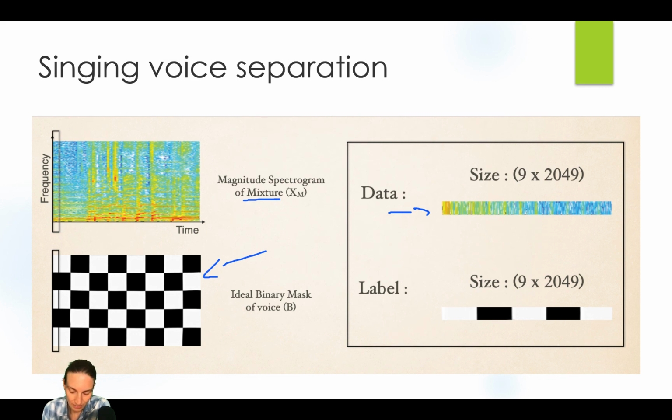So just to recap what this binary mask is, this will be high or low depending on if the spectrogram is strongest at that frequency bin at that point in time. If it's strongest for the singing voice, then it's 1, otherwise for the accompaniment it's 0. So that is what we're trying to predict.